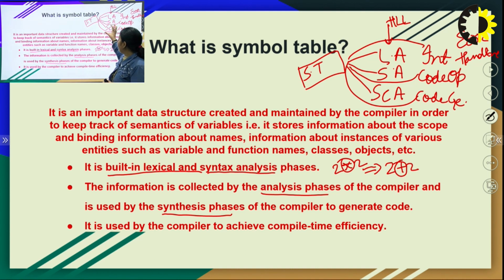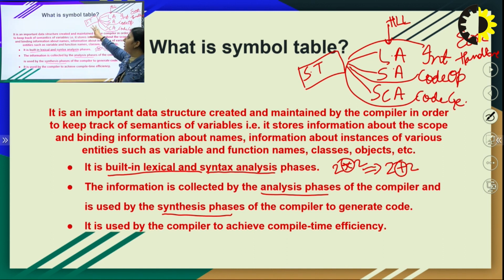The phases under the analysis phase are used to create the symbol table, and the synthesis phase uses those symbol table entries for the further generation of the target code. So it is used by the compiler to achieve compile time efficiency.